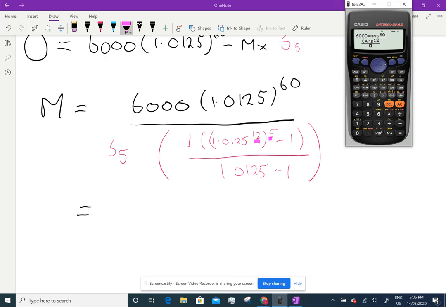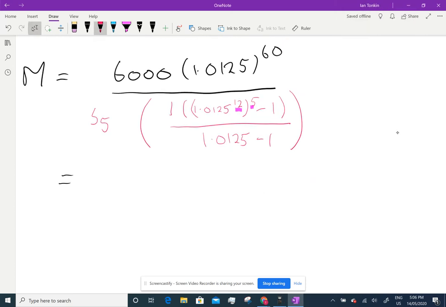I need a bracket there, because all of that is to the power of 5, minus 1, over my answer minus 1. 142. I think I must have done something incorrect. Oh, here it is. That is to the power of 12. That is to the power of 12.